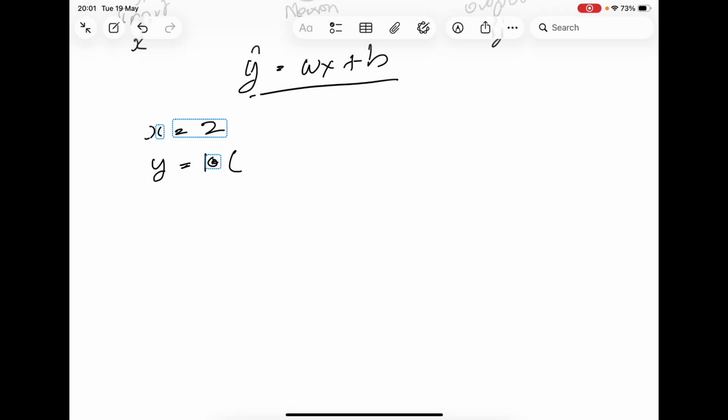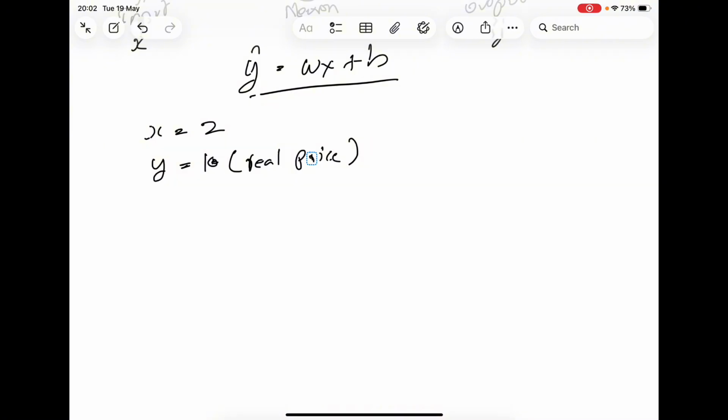Without just putting numbers into these variables, let's take a small example. Let's try to predict house prices, right? Just assume that we are going to predict house prices using this linear regression model, and x will be the input. Y is the real price, right? Let's write that down: y is the real price.